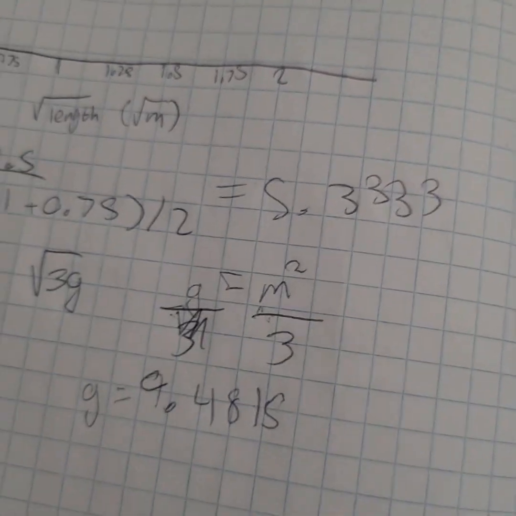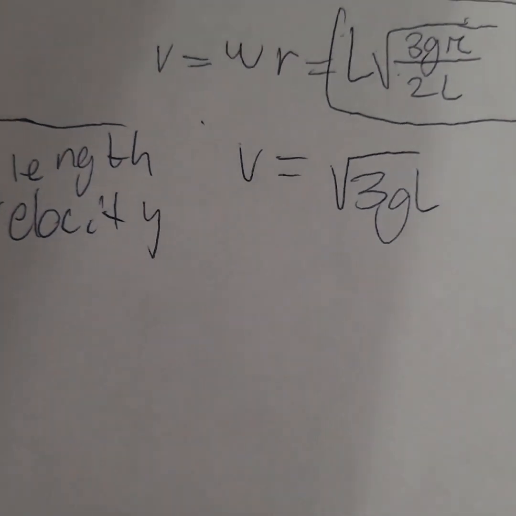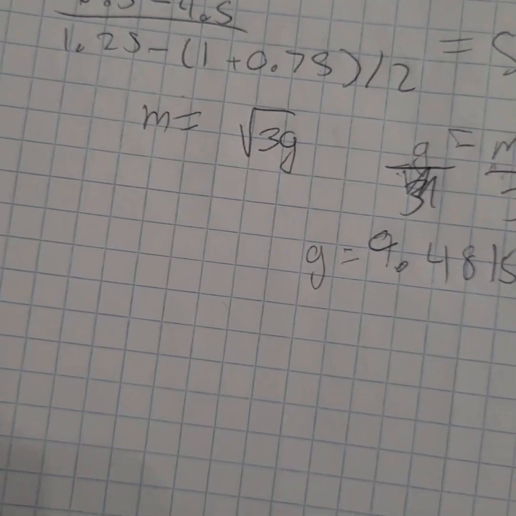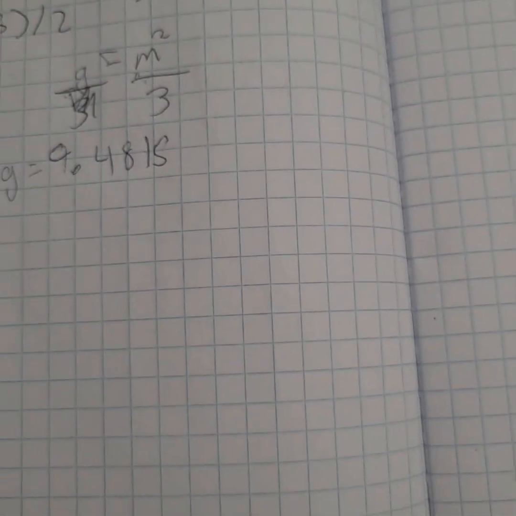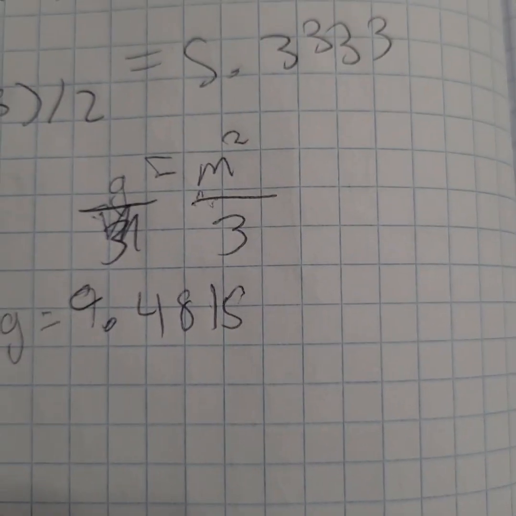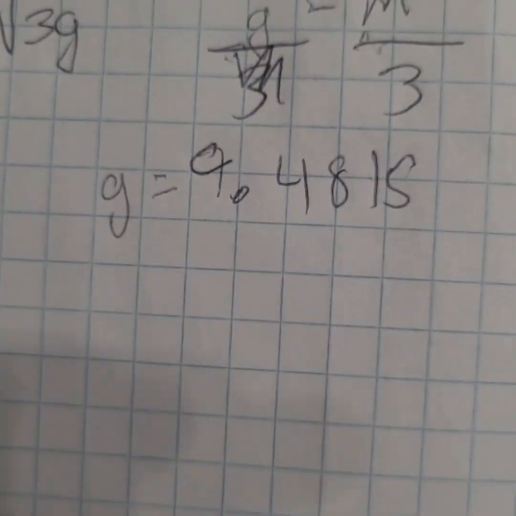And then what you would do to calculate the slope is you would use this equation, which is basically what we found here, because the slope is root 3g. So we're just setting that equal to root 3g. And then when you solve for that, you find g is equal to 9.4815 for this line.